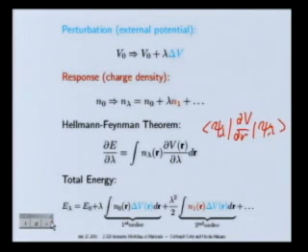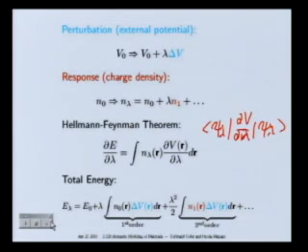Sorry, I'm using too many lambdas here, but let's call it lambda again. We don't need to take into account the changes in the wave functions themselves. We just calculate the expectation value. So for any given arbitrary lambda, the derivative of the energy, the change in the energy with respect to lambda, is just given by this simple integral.